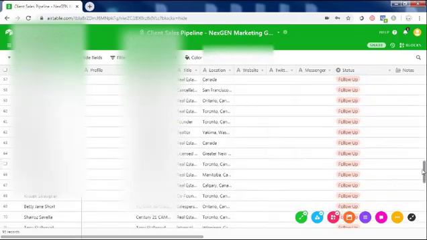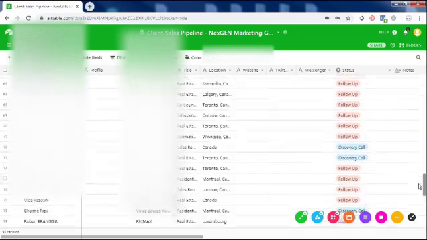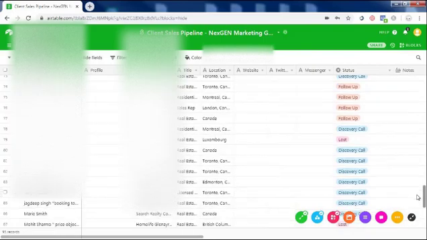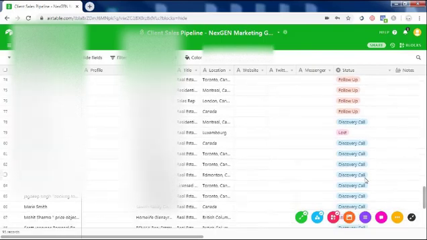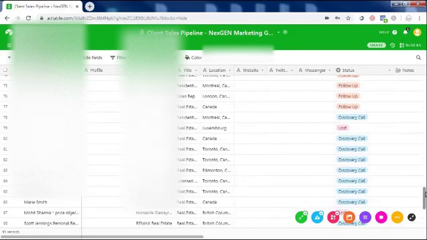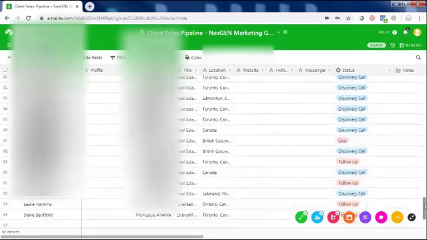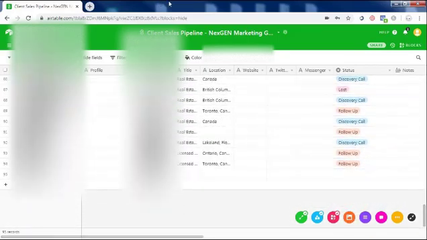Went on quite a cold streak. 18, 19, 20, 21, 22, 23, 24, 25, 26, 27, 28. Quite a hot streak. 29, 30. By the end of the day, we'll probably be around 32, I'd say, based on the trajectory of this campaign.